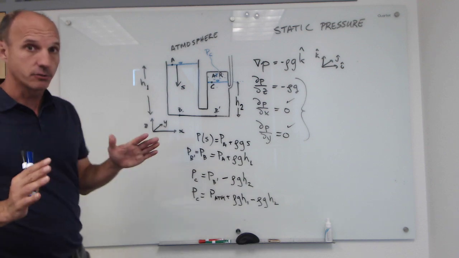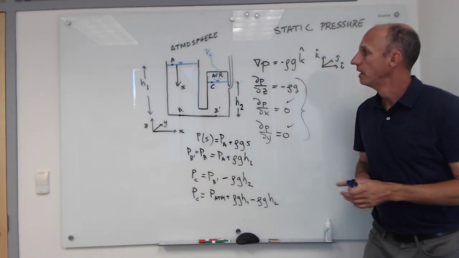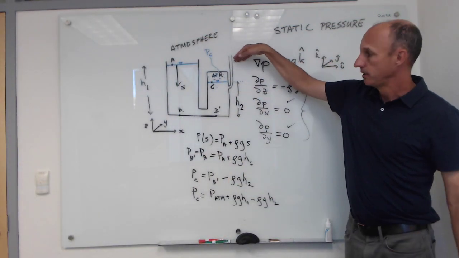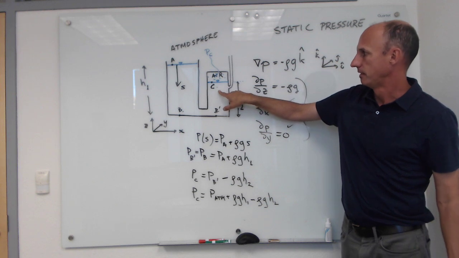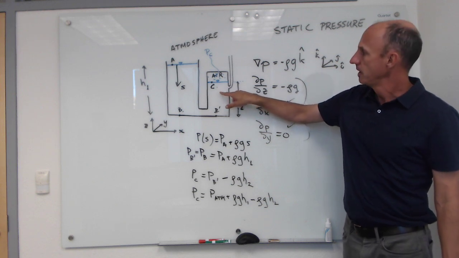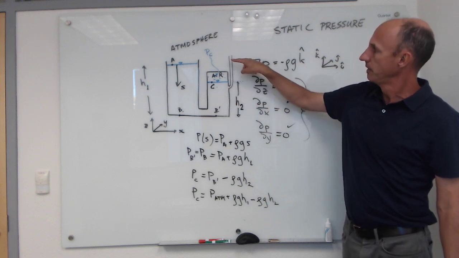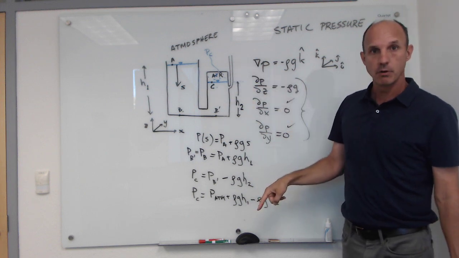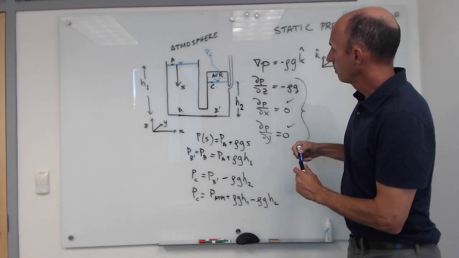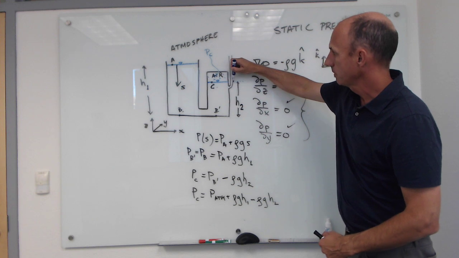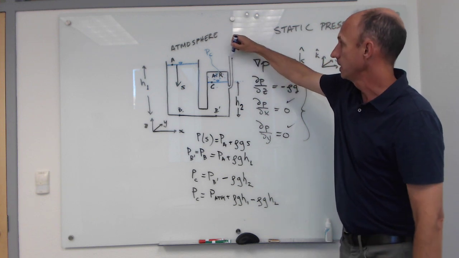Okay, the last question I have for you is this. I have a manometer attached to this tank. The question is, how high up this tube would you expect the water to rise? Do you expect the water to rise equal to this level, equal to the top, equal to here?